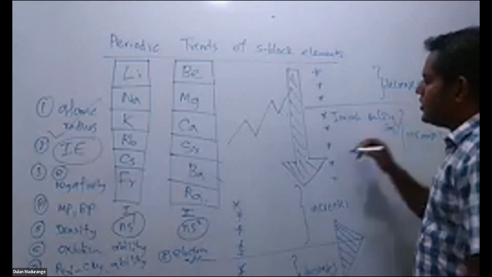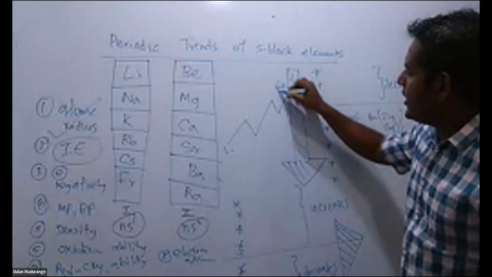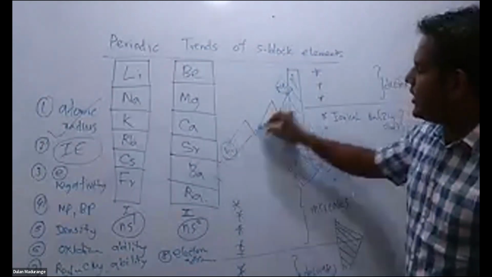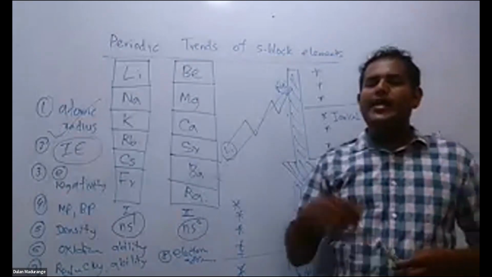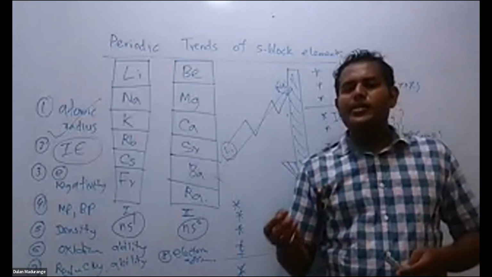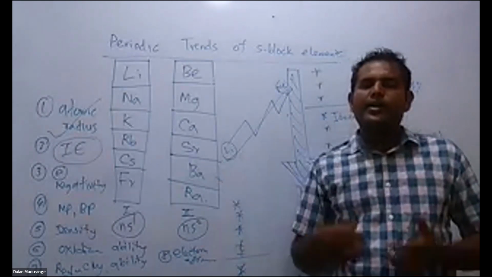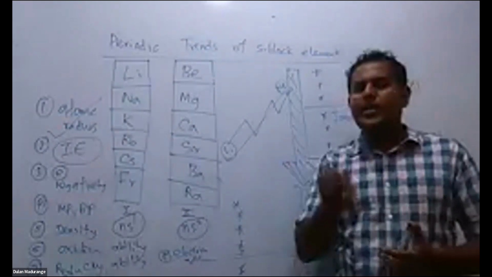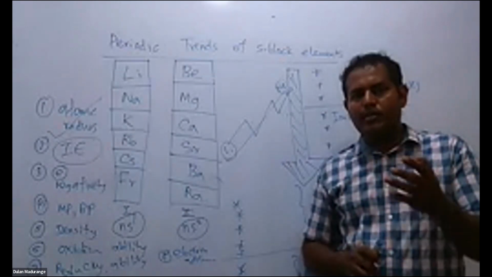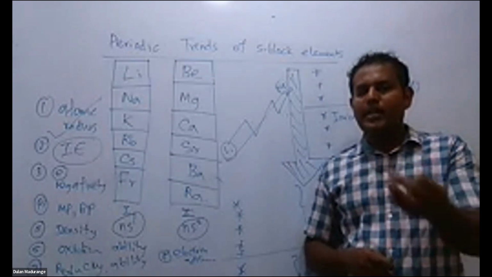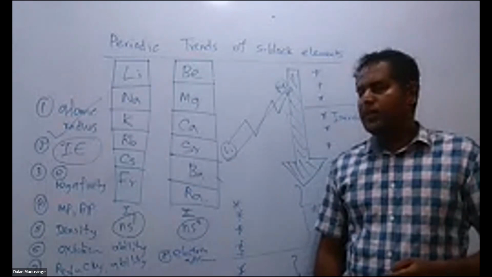Actually, why is the ionization energy of neon higher than lithium? Ionization energy means the amount of energy that we have to supply, endothermic, right, when an electron is removed making a positive ion. So this ionization energy entirely depends on the radius, shielding effect, the charge, and the electronic configuration.